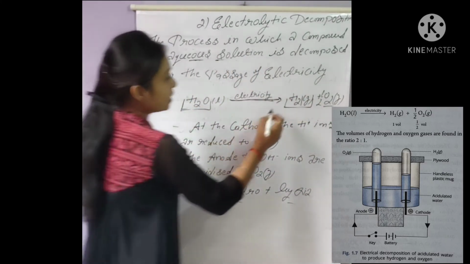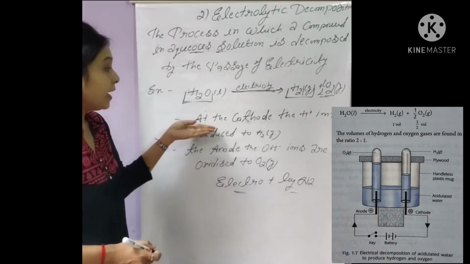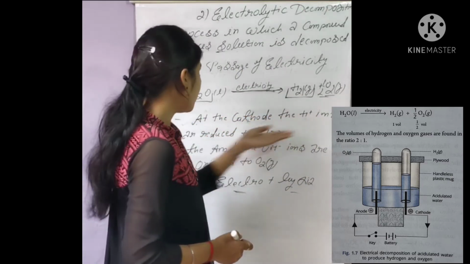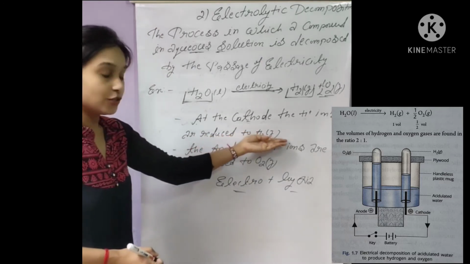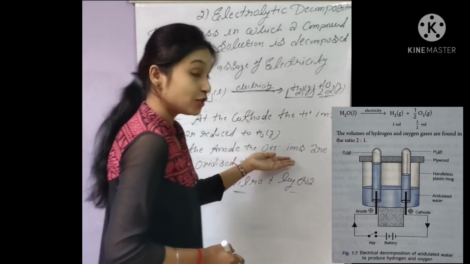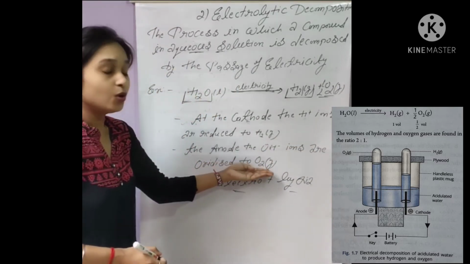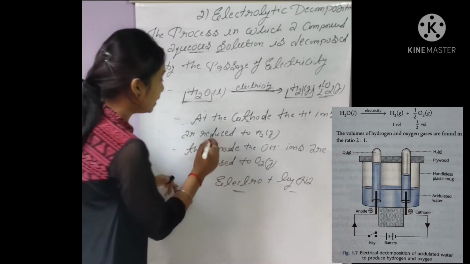So here these are a cathode and an anode. At the cathode the H plus ions are reduced to H2 gas, and our second point is at the anode the OH minus ions, hydroxyl ions, are oxidized to O2 gas.